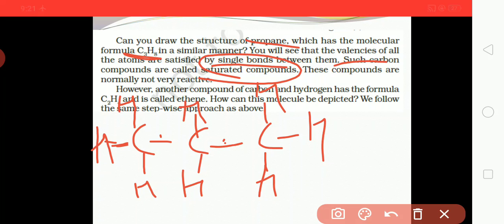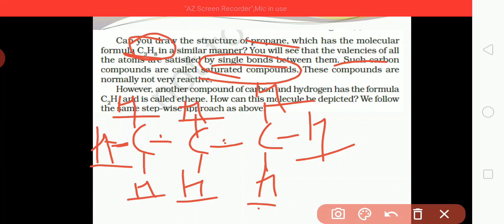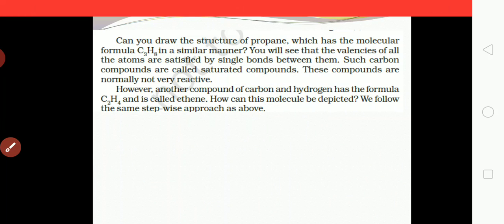Here you can see how many hydrogens are there: 1, 2, 3, 4, 5, 6, 7, 8. So C3H8 is the molecular formula of propane. It is said to be a saturated compound because single bonds are there between them.